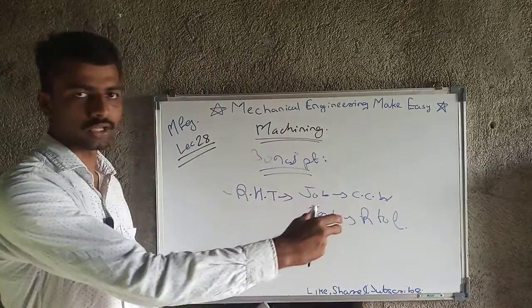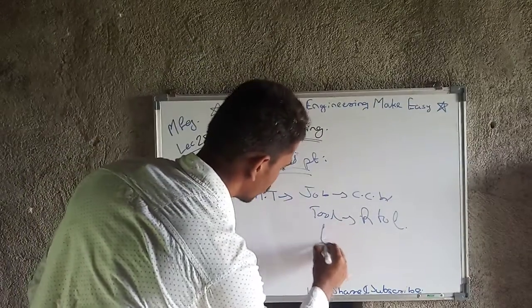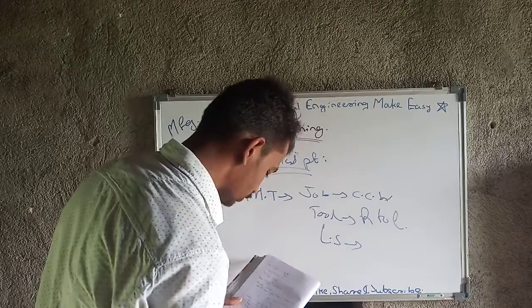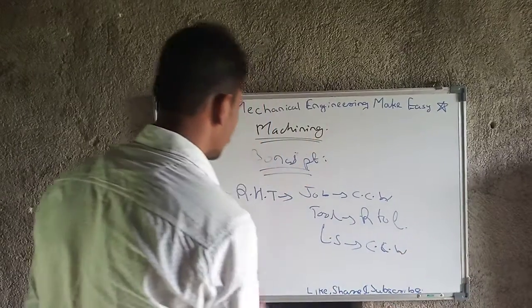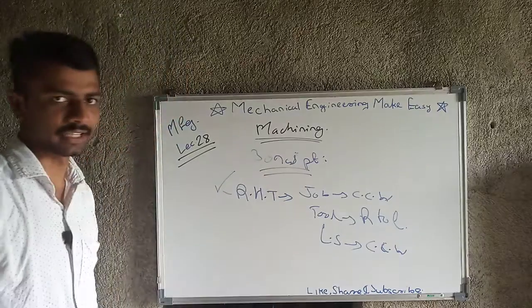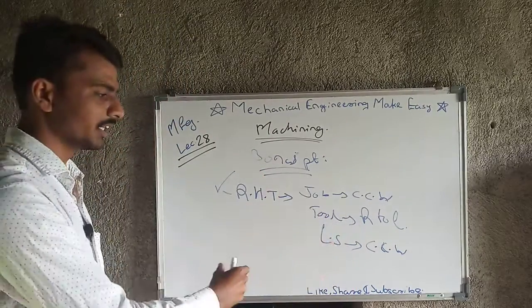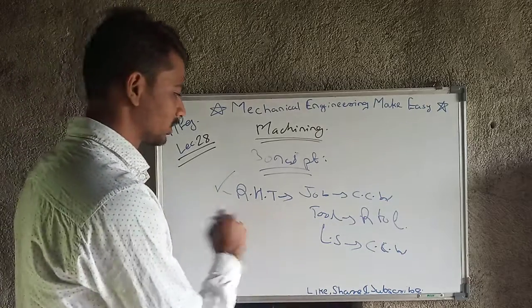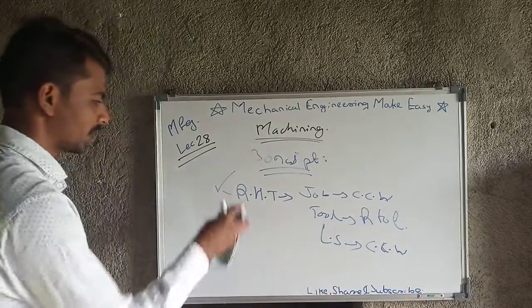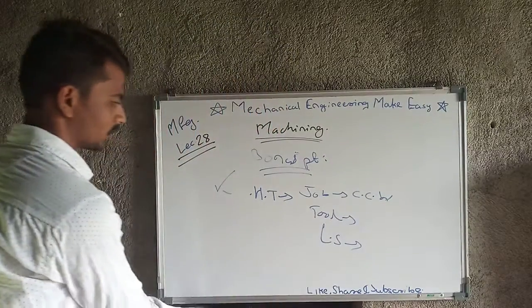If the job is counterclockwise, the tool is moving from right to left, and the lead screw is rotating counterclockwise, then ultimately right hand threads will be generated. And if we have to generate a left hand thread, these parameters will change.